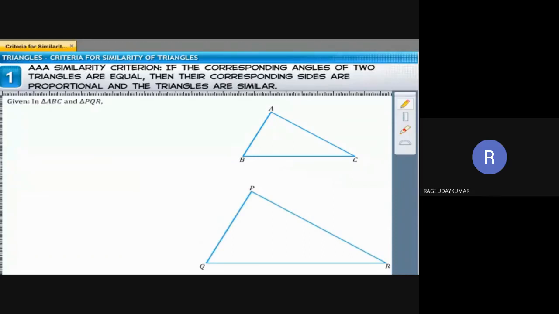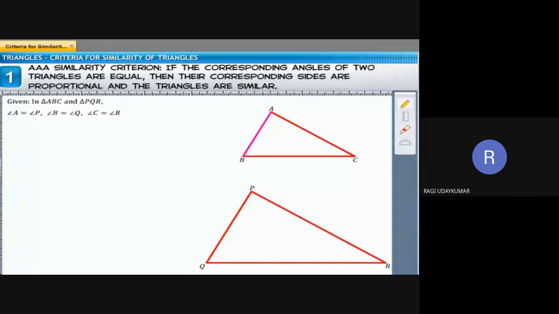Here, triangle ABC and triangle PQR are taken. Angle A equals angle P is given, angle B equals angle Q is given, and angle C equals angle R is given. Then automatically you can say that ABC and PQR are two similar triangles.